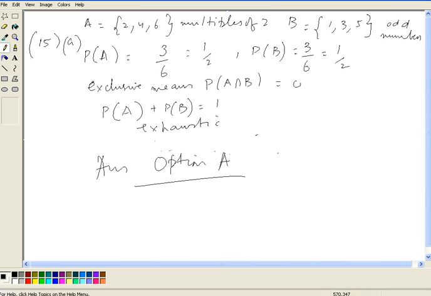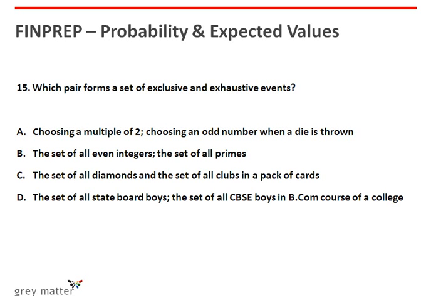So the only option is A. Going to our PowerPoint presentation, we see option A should be the answer, while B, C and D do not satisfy both exclusiveness and exhaustive events. So the answer is option A, which says choosing a multiple of 2 and choosing an odd number when a die is thrown.